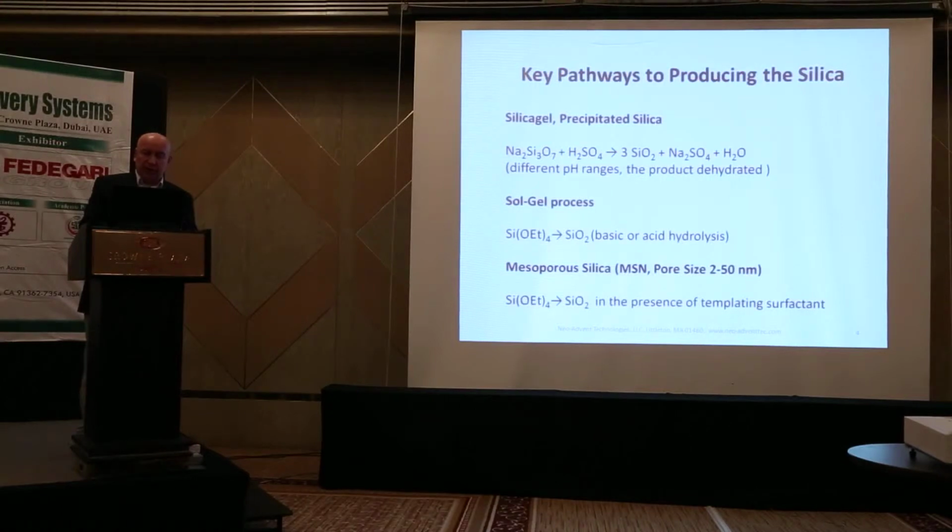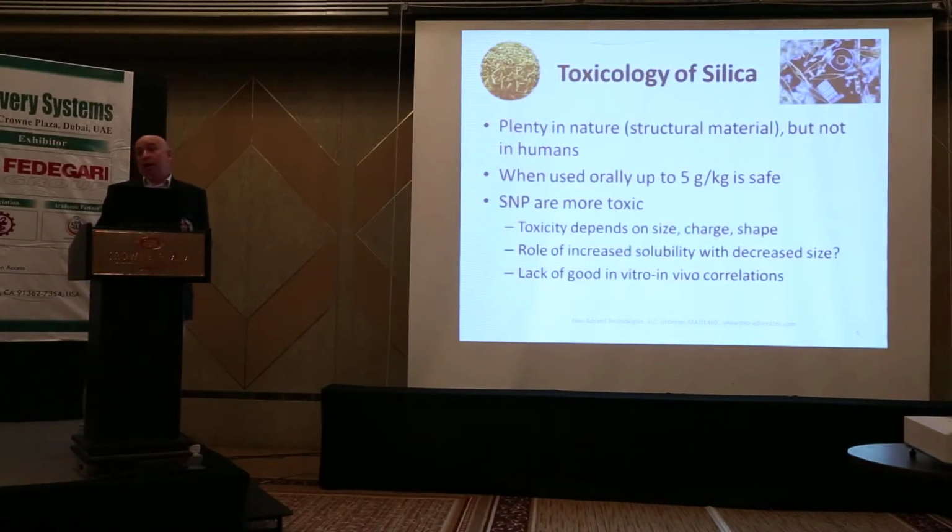We'll concentrate on that. So if we think about drug delivery, one of the first questions you ask is, what do we know about toxicity of the silica? Of course, sand is not toxic. We know that. But what about other forms? We have plenty of other forms of silica in nature. For example, the shell of rice is composed heavily of silicon dioxide.